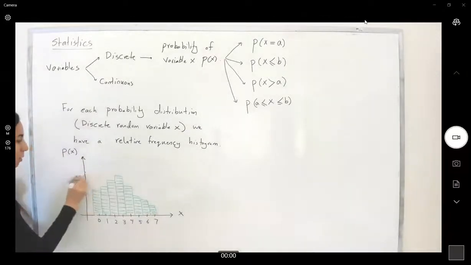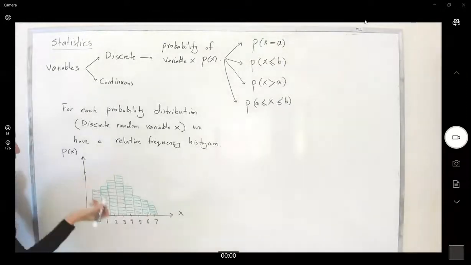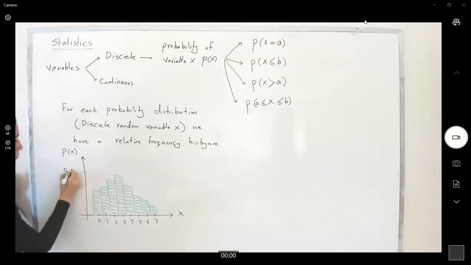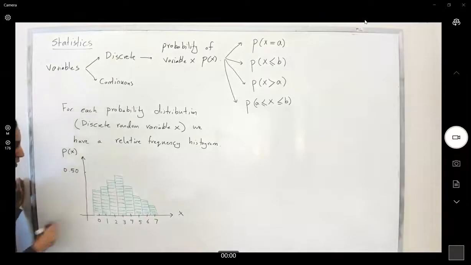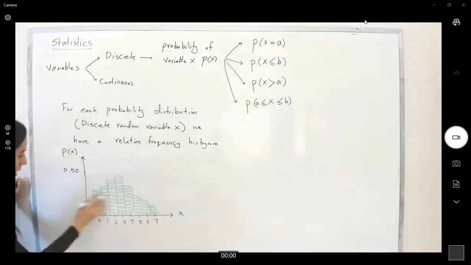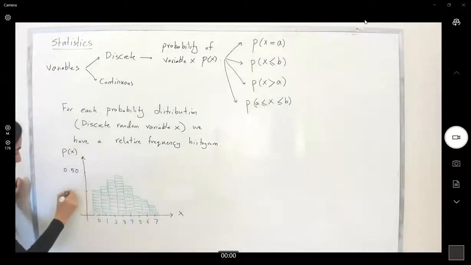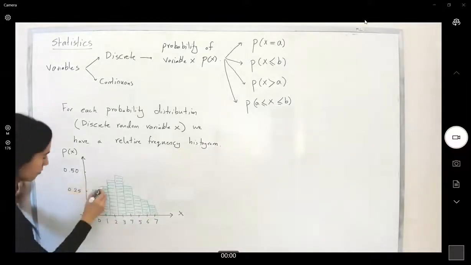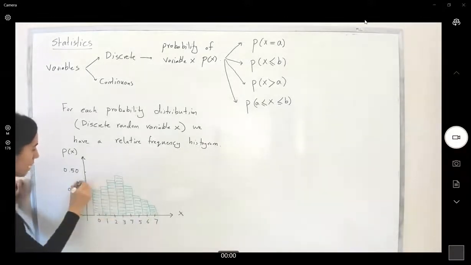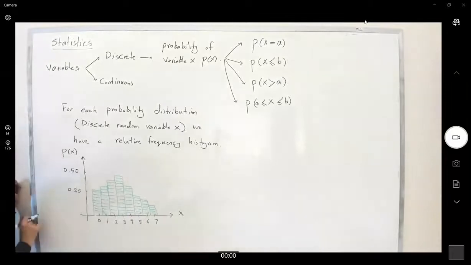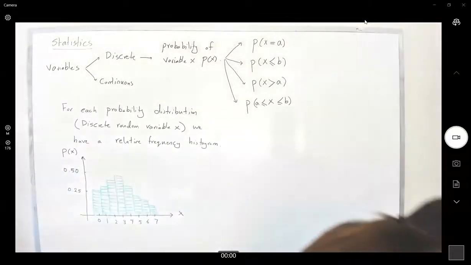Suppose the maximum probability is equal to, let's say, 50%. And let us have this as 25%. And we can approximate these using just these bars.